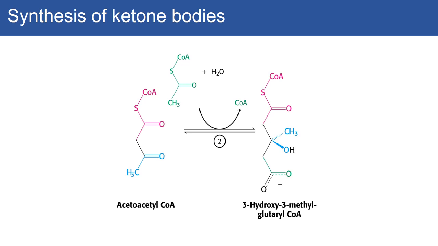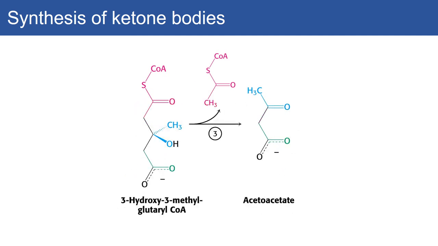Acetyl-CoA reacts with water and acetoacetyl-CoA to give us 3-hydroxy 3-methyl-glutaryl-CoA and CoA, and the enzyme is HMG-CoA synthase. From there, we get acetoacetate. 3-hydroxy 3-methyl-glutaryl-CoA is cleaved to acetyl-CoA and acetoacetate. Those are the reactions that occur, done by the enzyme HMG-CoA lyase.